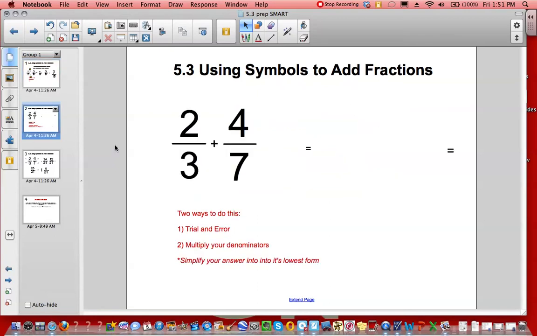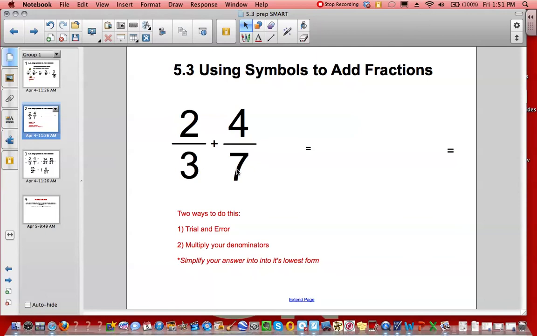The next example is not necessarily trial and error, where the way to find a common denominator is to multiply both numbers in a fraction by the other denominator. So I have 2/3 plus 4/7. Now, right away, we know that 3 doesn't go into 7 because 7 is a prime number.